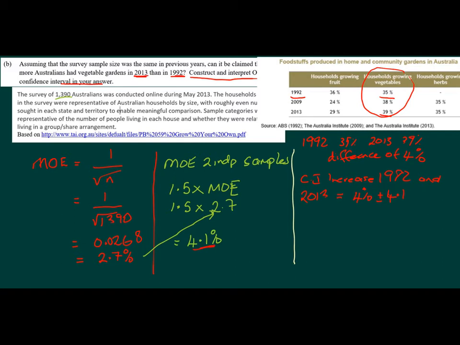And so what we do here is we now need to interpret that. So that's your confidence interval that you're trying to create. So now we need to interpret this.